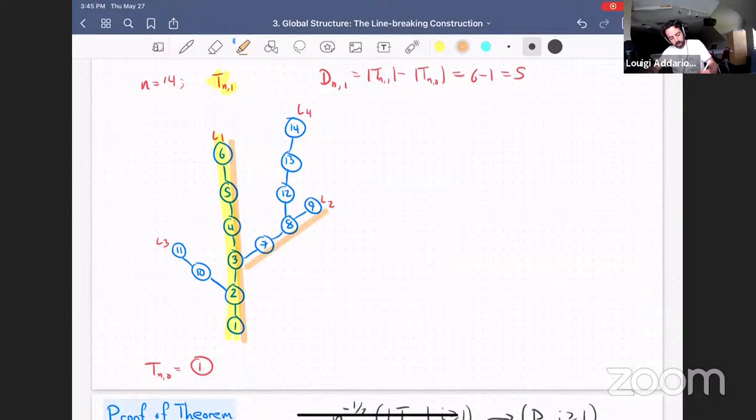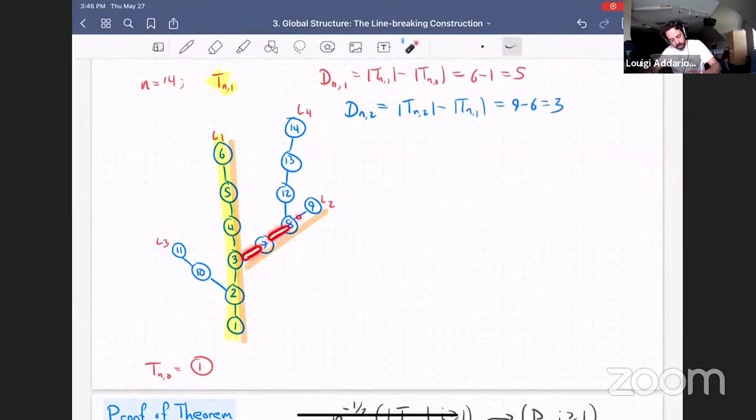It's spanned by the root and the two smallest leaves now, 6 and 9, and you look at their paths to the root. That gives you the tree Tn2. And dn2 is Tn2 minus Tn1, which is 9 minus 6, which is 3, and that's indeed the number of edges on this path. And so on. Does that clear it up?